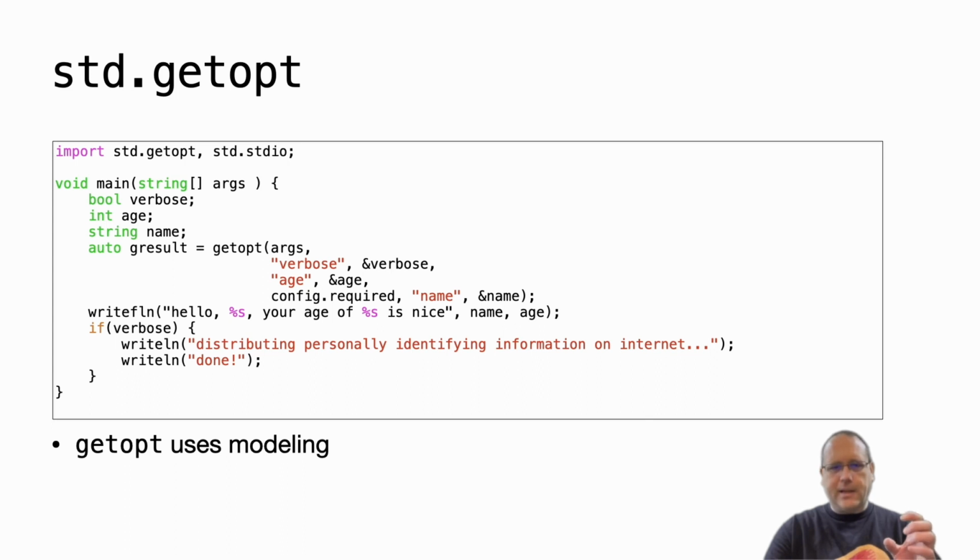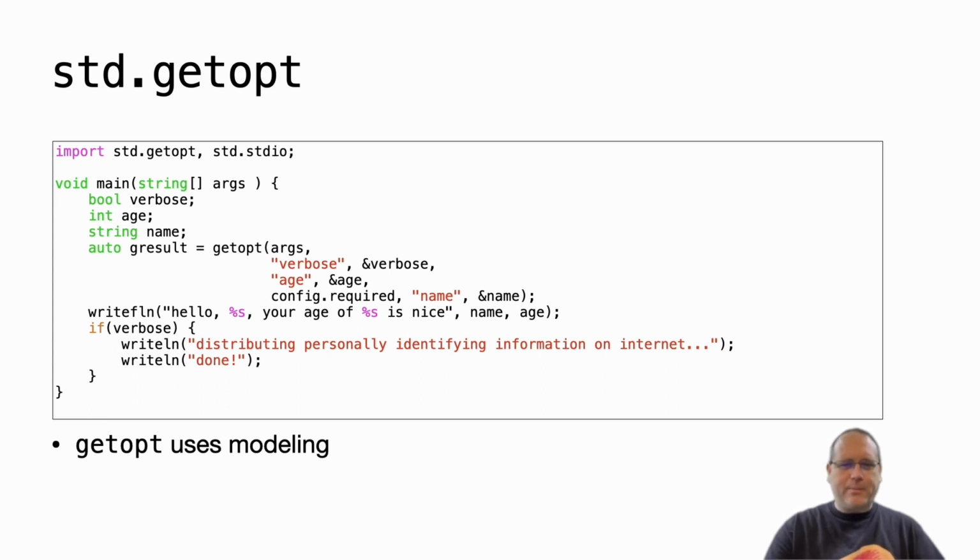That's the data that's getting deserialized from the command line arguments. And to put those in there, we specify a model of, oh, if you see the option for verbose, put it in verbose. If you see the option for age, put it in age, etc. And we use introspection to say, oh, it's an int, it's a bool, so I can parse true or false or whatever it is. So that is all handled by it.